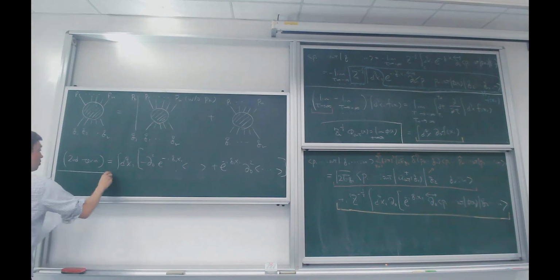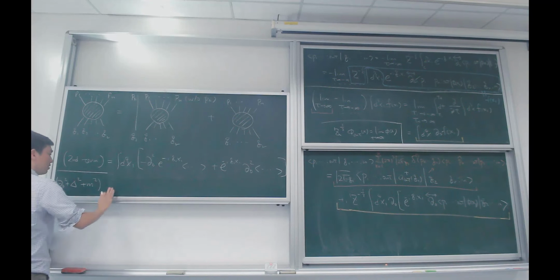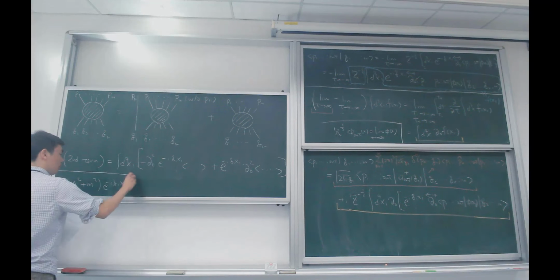So therefore, what we can use is that del 0 squared minus nabla squared plus m squared acting on e to the minus i q1 dot x1 should be equal to 0.